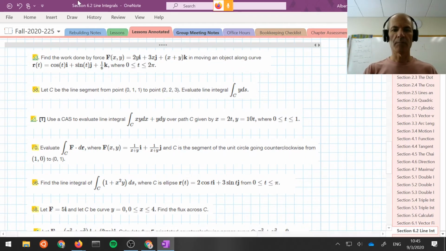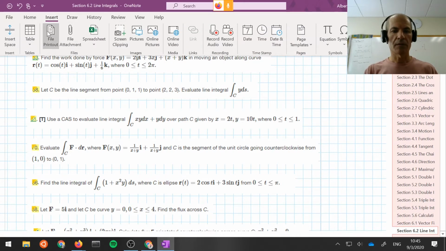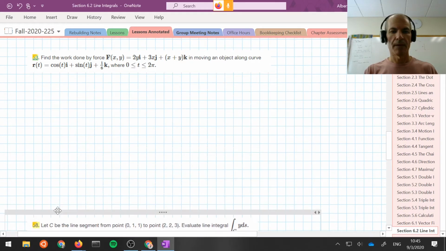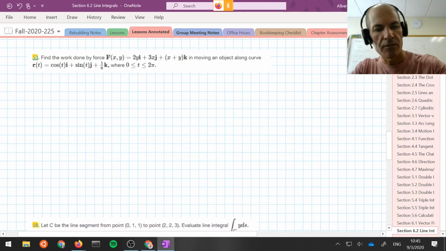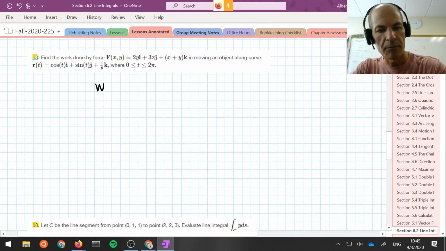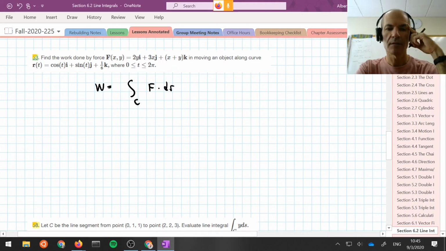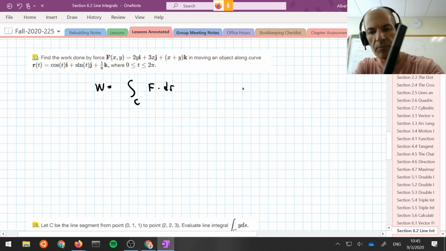Let's find the work done by this force moving along this curve. All right, that's one of these integrals. So W equals the integral along C of F dot dr, where r is the parameterization. What do we need to do to figure all this out? We first need r prime. So let's compute r prime.